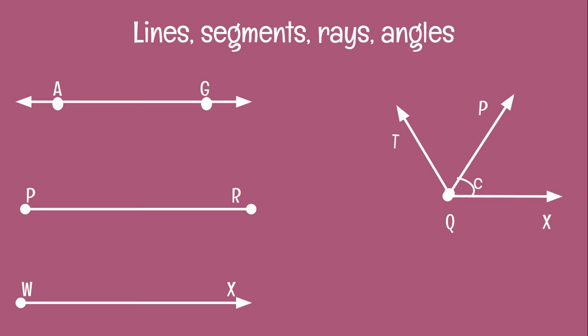So we could say angle TQP or PQT. And then if we were talking about the original angle that we started with, since they have now given us a letter C, we could also say that's angle C.